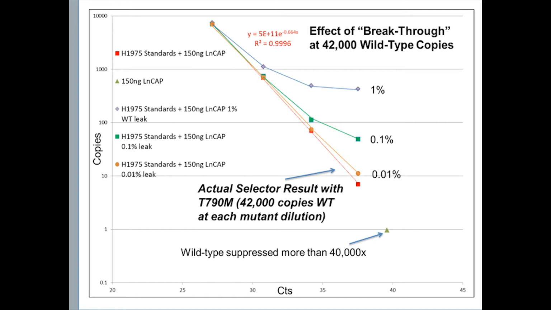So basically the assay doesn't care the wild type is there. These are cartoons that show what the curves would look like with 1%, 420 copies, 42 copies, and 0.01%, or 4.2 copies of the wild type. So suppressing wild type very, very effectively.